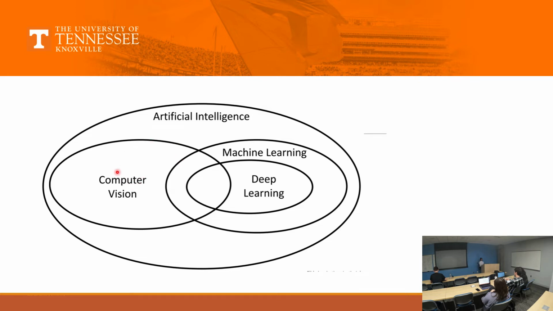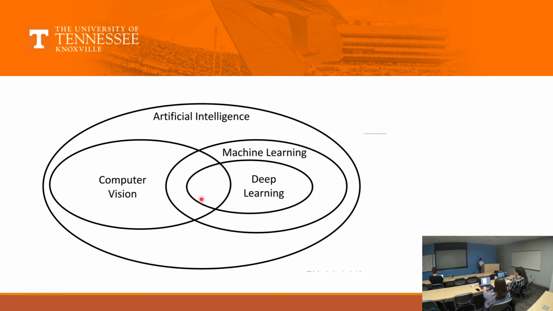Most other computer vision branches do not involve machine learning and deep learning, but some of them do. So there is an overlap between them. Now, the machine learning area itself has deep learning in it. And we are somewhere here, where we are merging computer vision and deep learning.